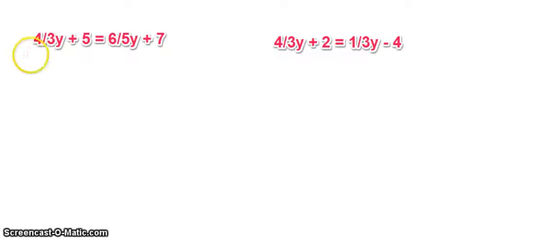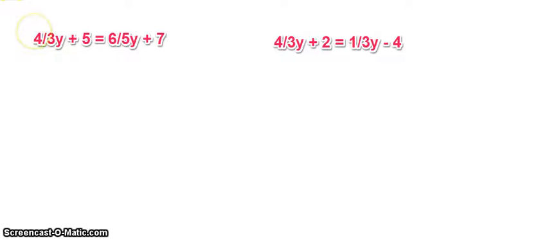So if you can see here, this term is 4 over 3 times your variable y, and this term is 6 over 5 times your variable y. Now, in order to get rid of these two fractions, you have to find a common denominator for them.